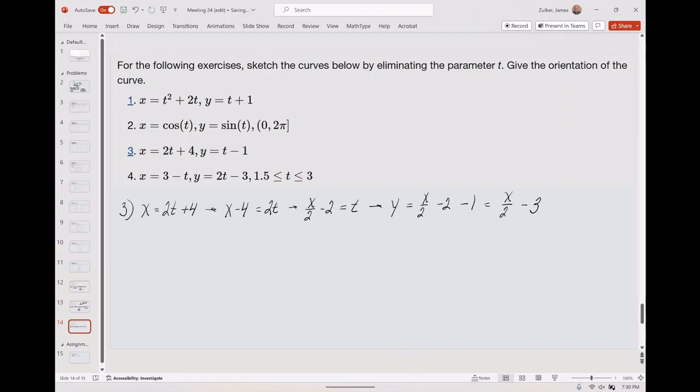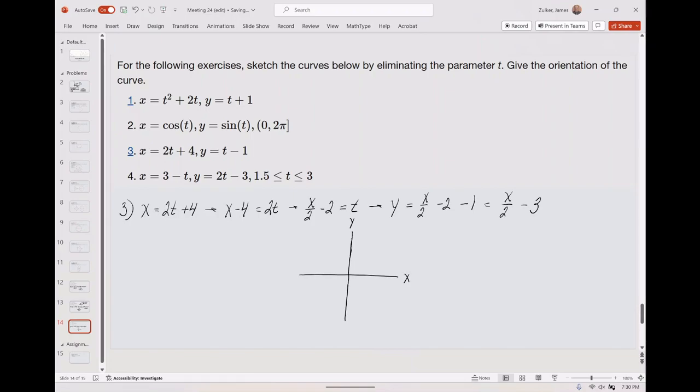What kind of curve is that? A line. It's just a line.